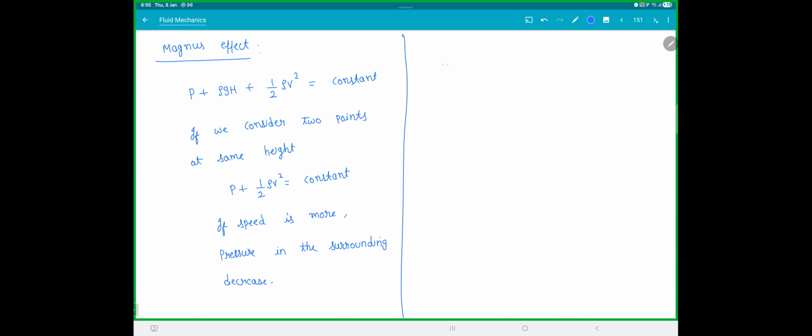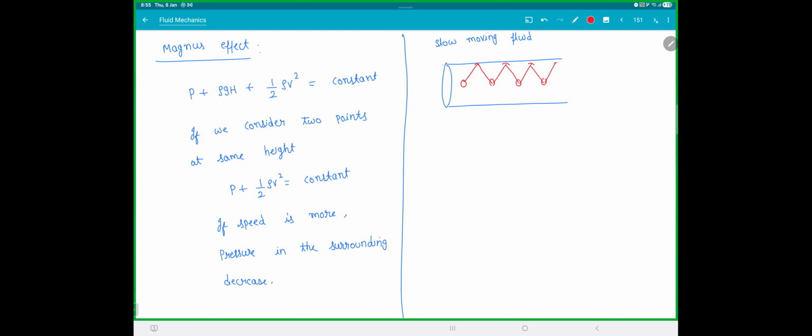Let's say we have a liquid flowing in a container, and let's say the liquid is flowing slowly. Now the pressure comes because of molecular collisions. These molecules will collide, collide, collide.